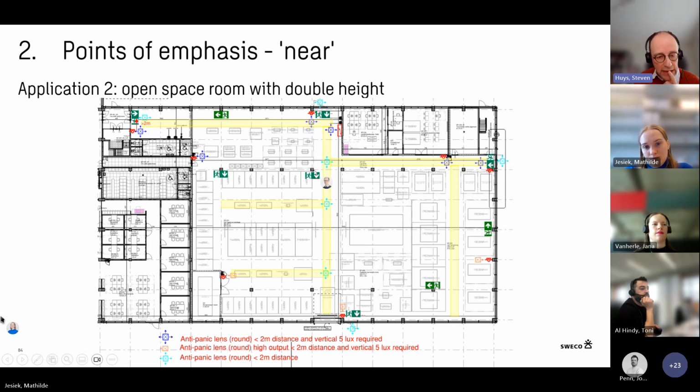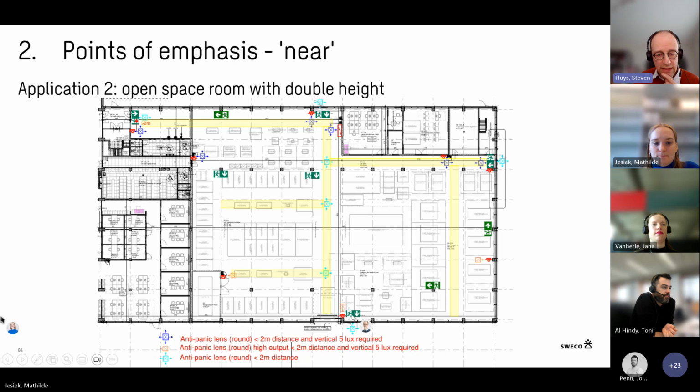The yellow hatching is the escape route in that open area. At all intersections of the escape routes, we place an anti-panic luminaire. Here we already had one, so it's in light blue. We added one in the outside area at the escape doors.